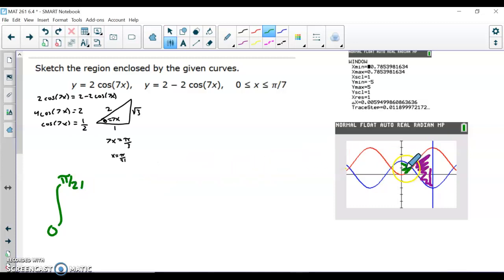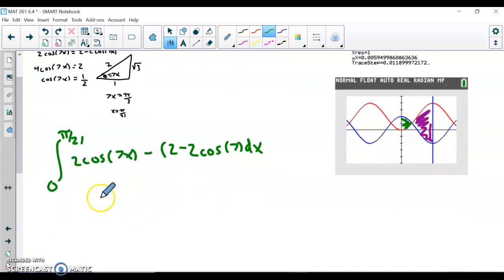And on that first region, the function that's on top is the 2 cosine 7x. And then we subtract out the other function, 2 minus 2 cosine 7x dx.